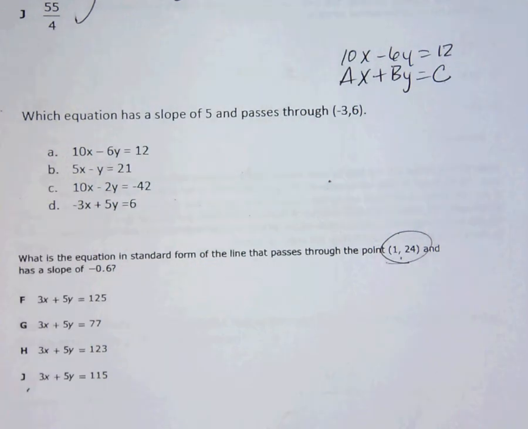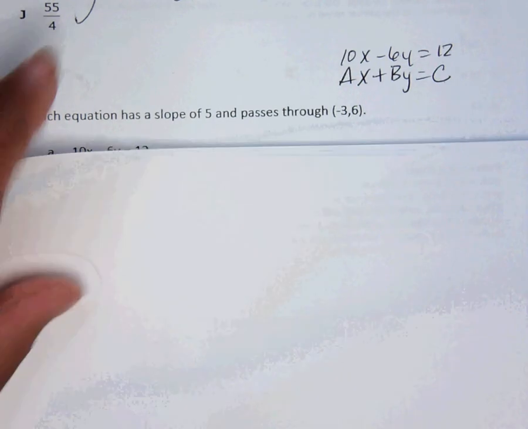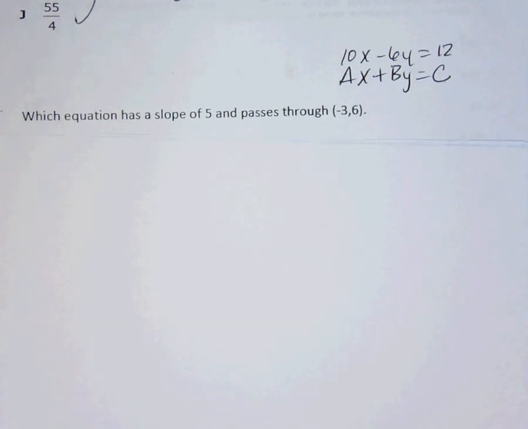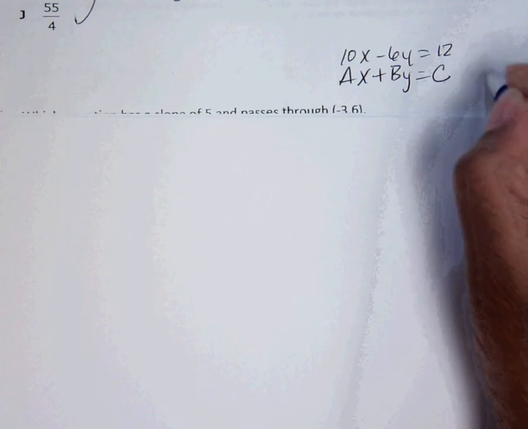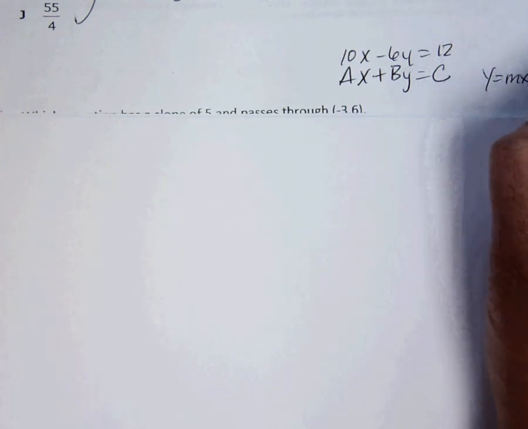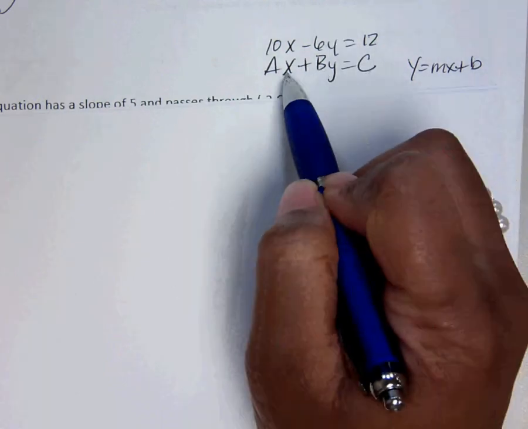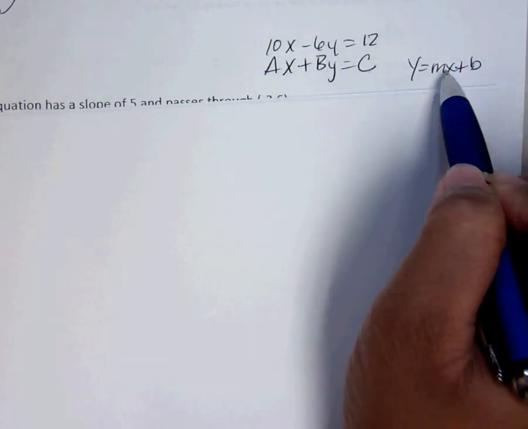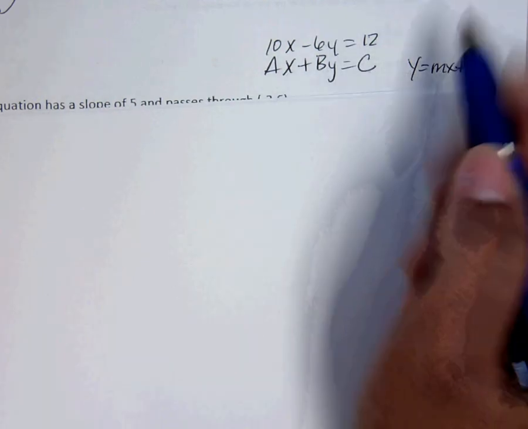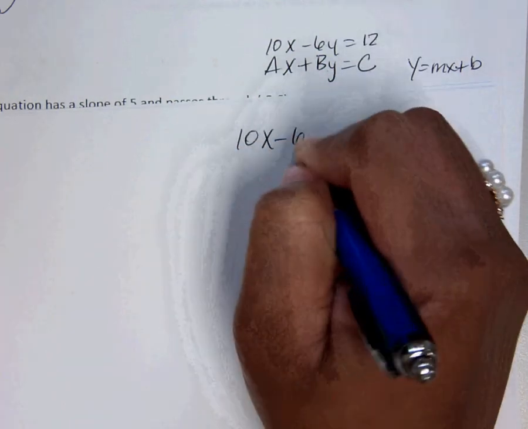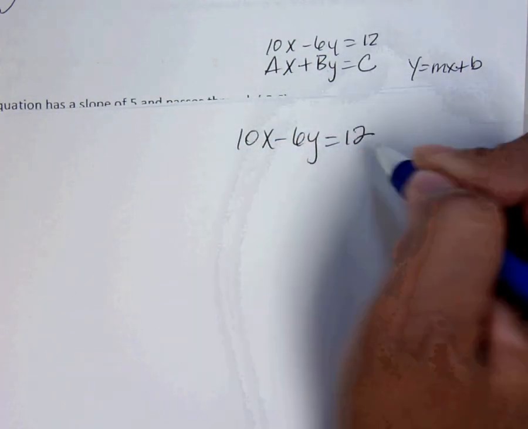Well, in order to find slope, it needs to be in y equals mx plus b form. So what we have to do is separate the x and the y, just like they're separated here. Now, we've talked about shortcuts, so let's use that shortcut.